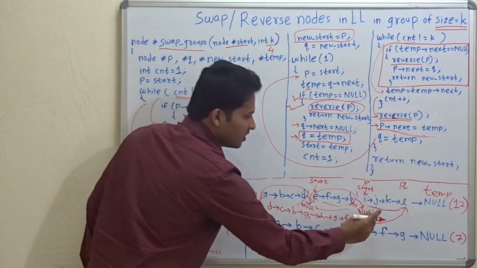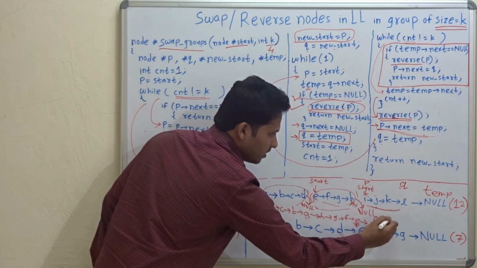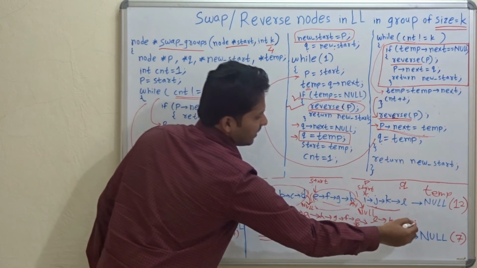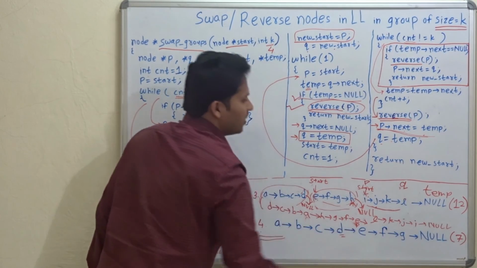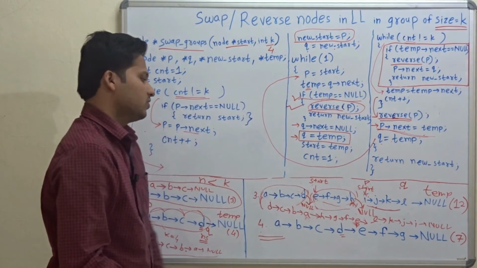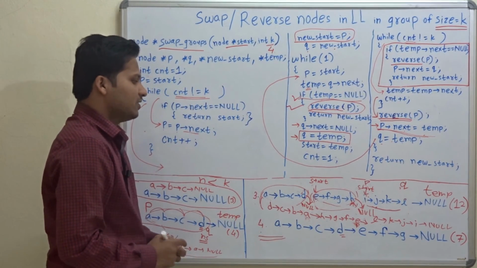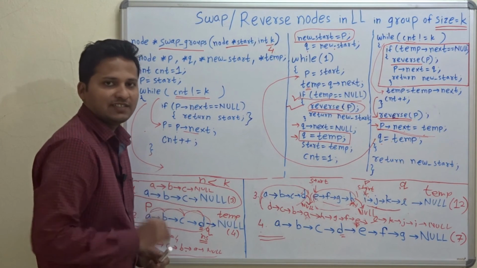So this group is reversed now and it will become L, K, J and I, and after reversing, automatically the last node will be assigned null. So the last node's next pointer will be assigned to null. So in this way we execute this code on the third example.